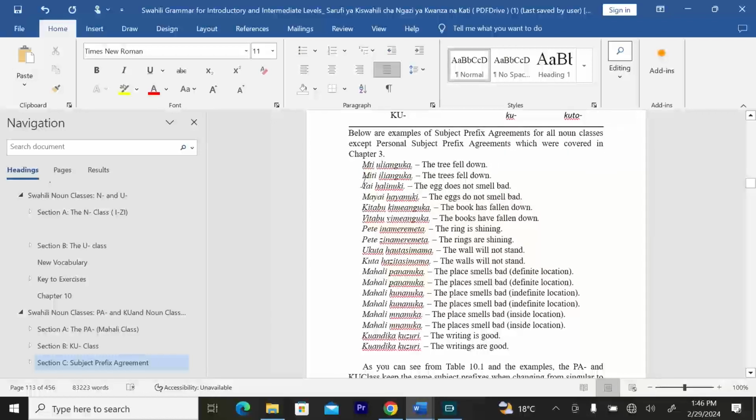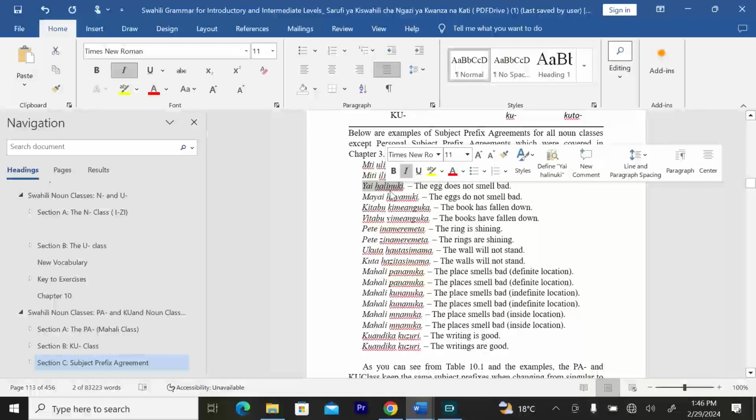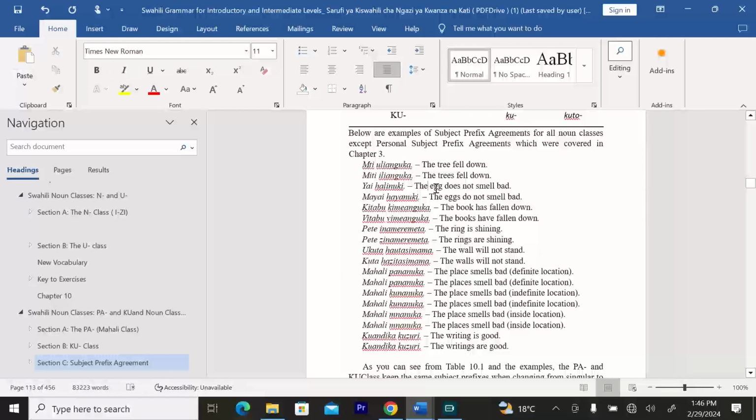Yai halinuki. The egg does not smell bad, or is not stinking. In plural is mayai hayanuki, which means the eggs are not stinking or not smelling bad.